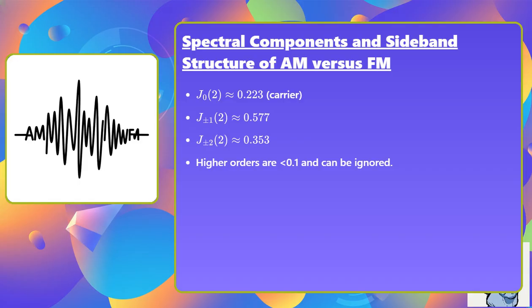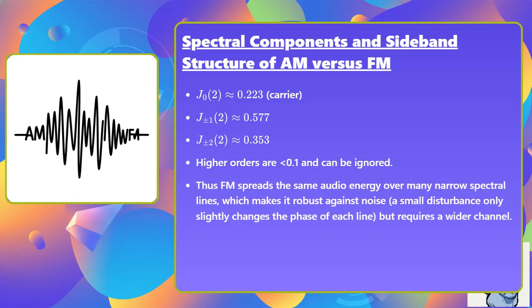Higher orders are less than 0.1 and can be ignored. Thus, FM spreads the same audio energy over many narrow spectral lines, which makes it robust against noise. A small disturbance only slightly changes the phase of each line, but requires a wider channel.